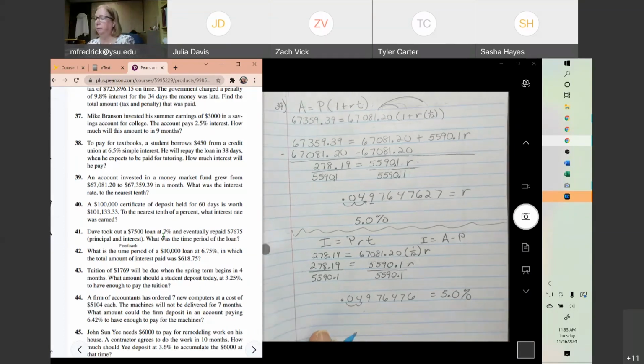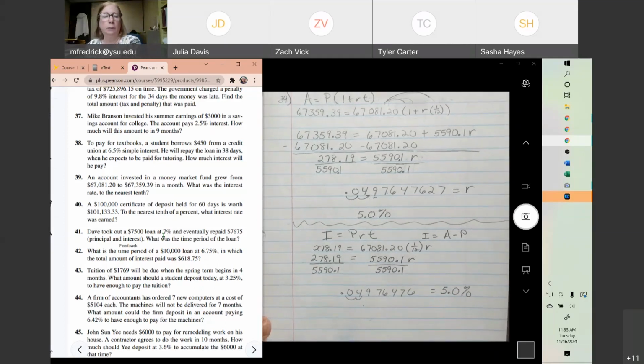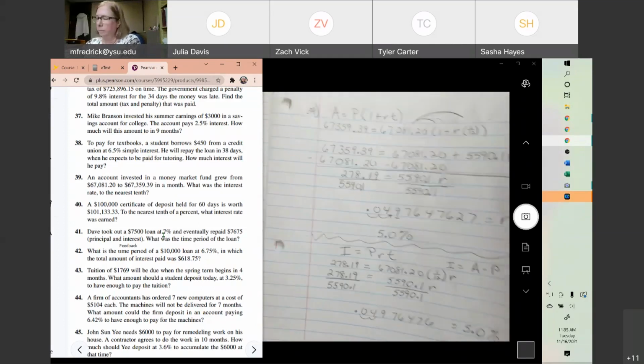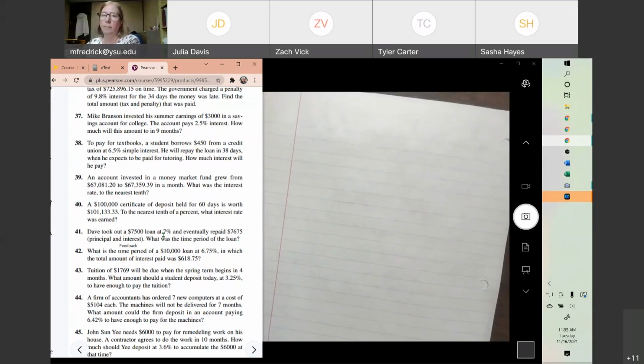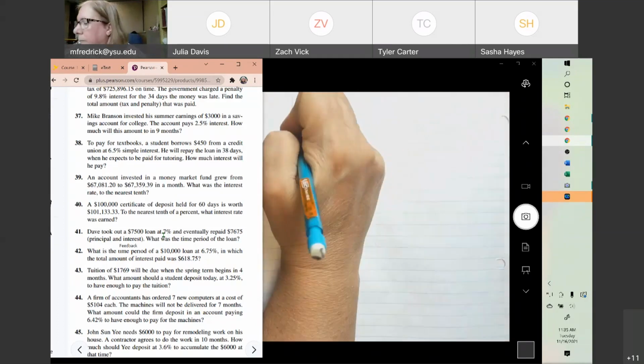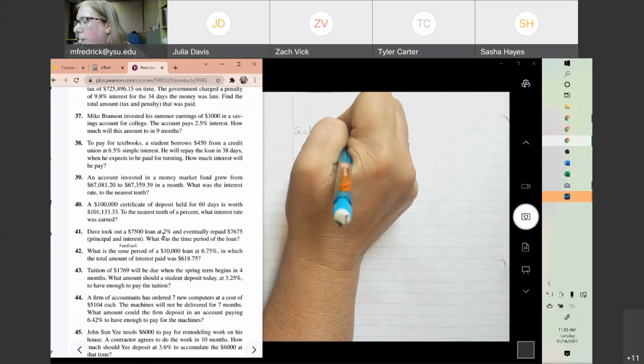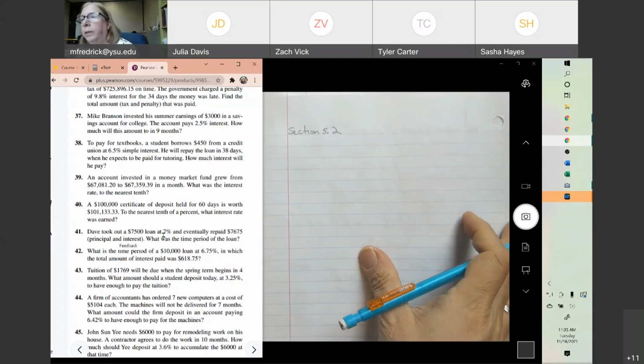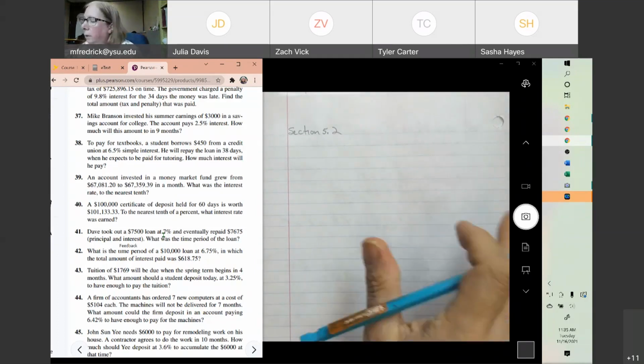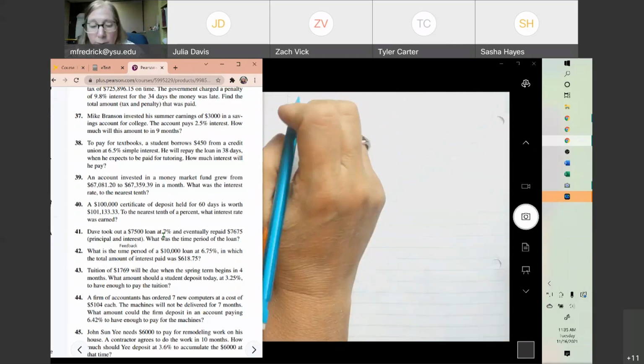That's everything from that one. Any questions? Section 5.2 is compounded amounts and compounded continuously.